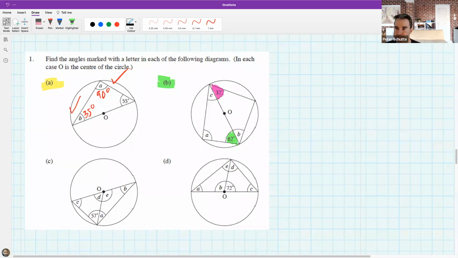What would you do? Okay, so I started with B. What did you get for angle B? The answer for B, I got 58. How did you get 58? I said 180 minus 90 minus 32.